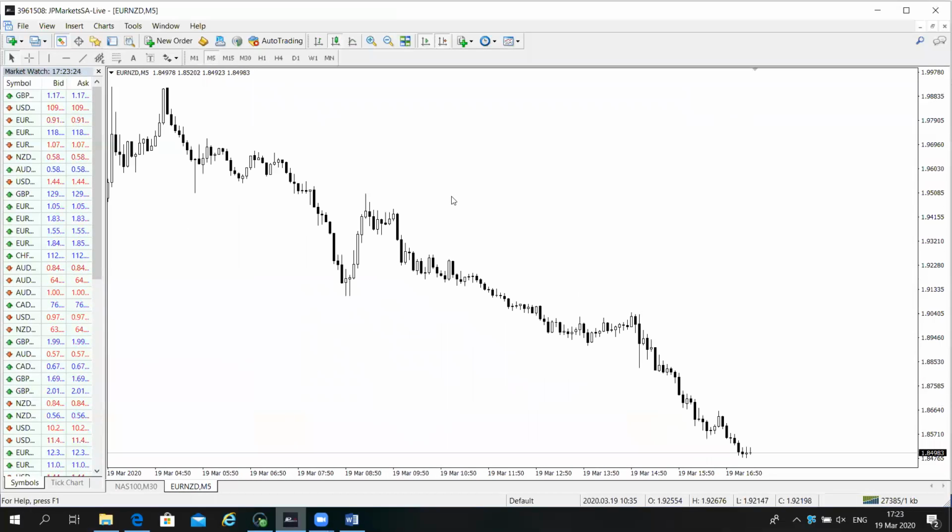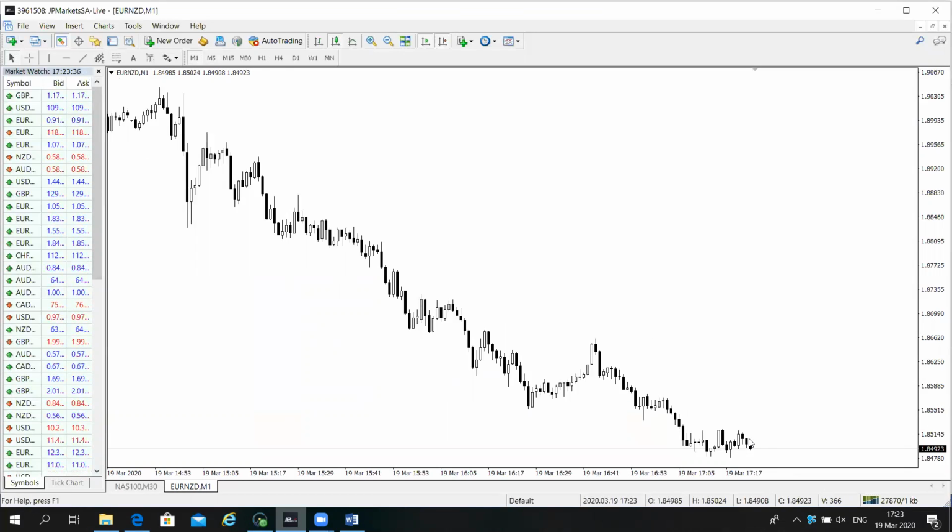On a 5 minute time frame, after every 5 minutes, the candle will be complete. Meaning here we are waiting for 17:25 for a new candle to be formed, right? So here we are just basically waiting for a few seconds to hit. Then the 1 minute candle will be complete, right?